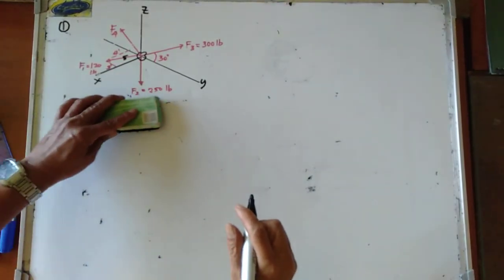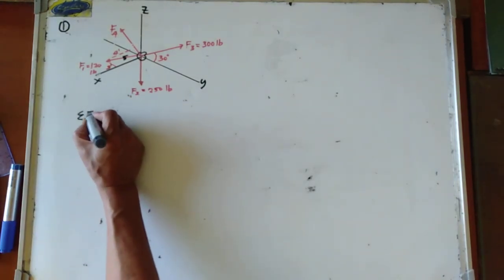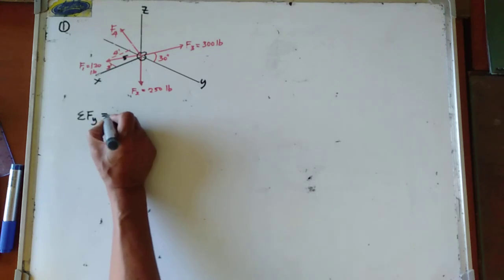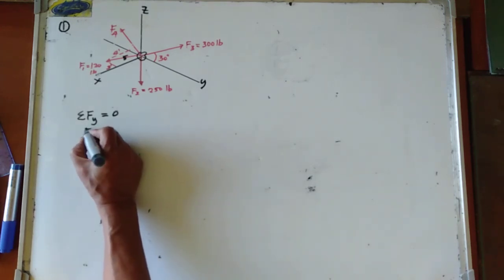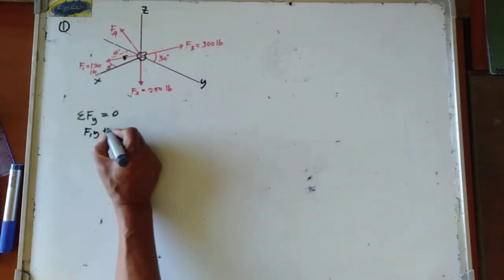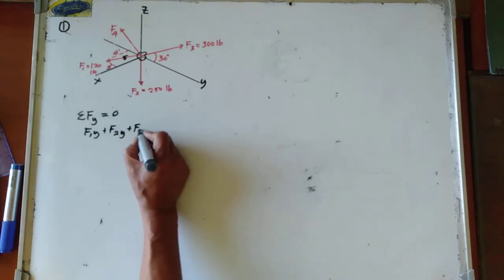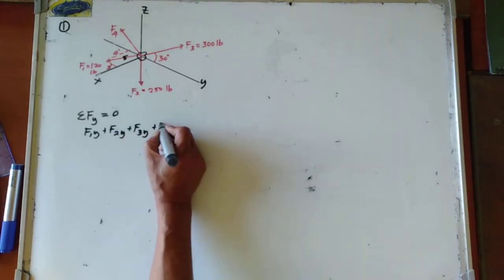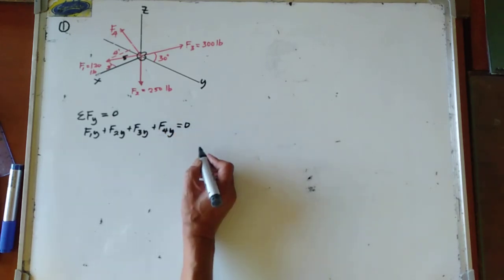The other equation of equilibrium is summation of forces along the y is equal to 0. So this is F1y plus F2y plus F3y plus F4y is equal to 0.